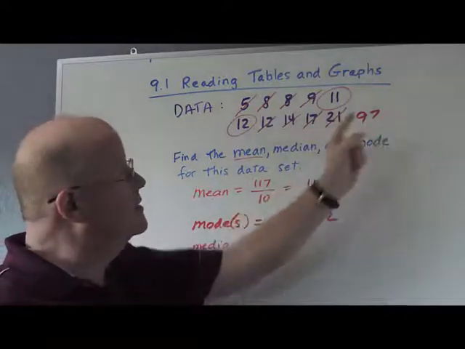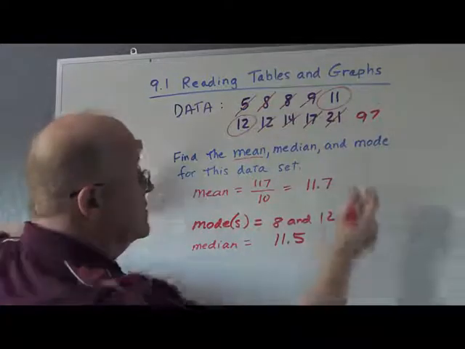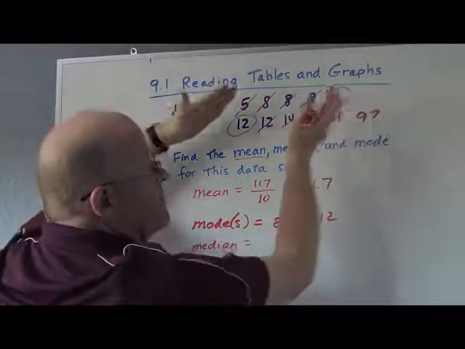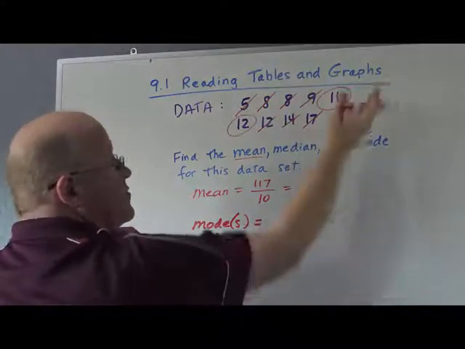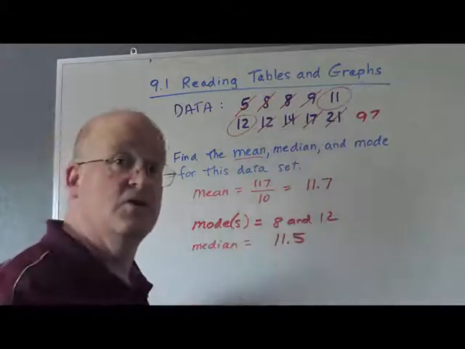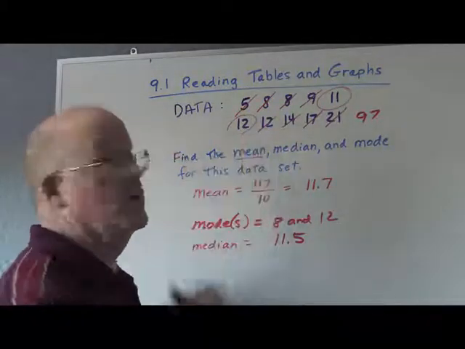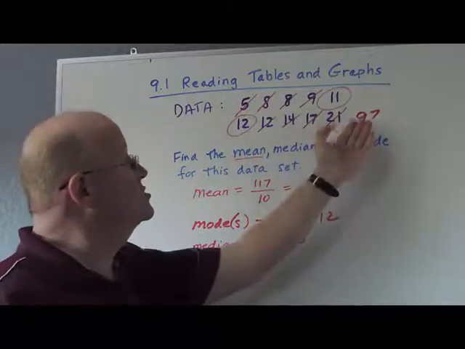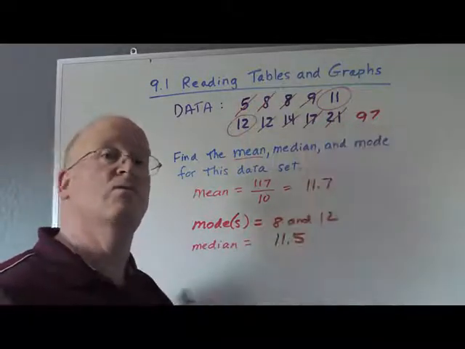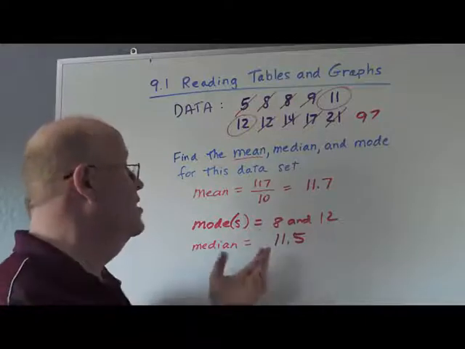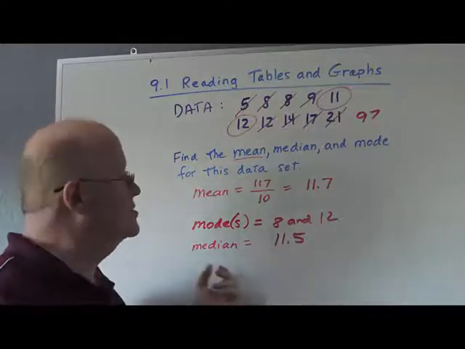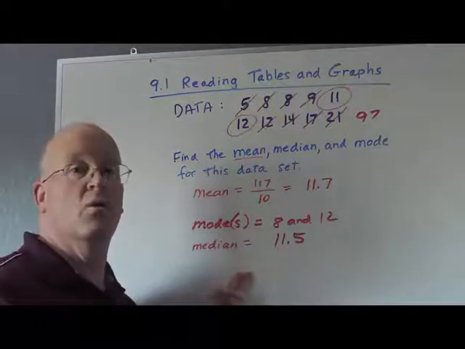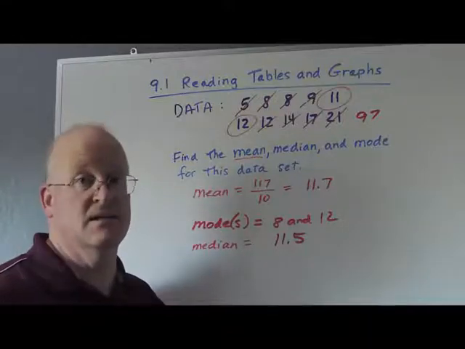But if we stuck 97 in the data set and started chopping off from both ends, 97 would be one of the first data values chopped off, and the middle value would then be 12, so this super high extreme value would not have a large effect on what the median is. So sometimes this is a better way to go when you have extreme values in your data set.